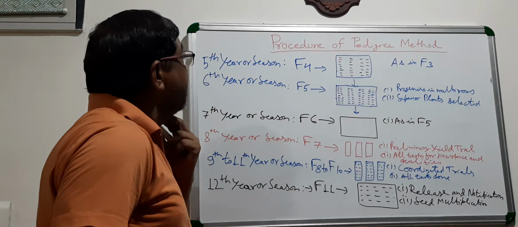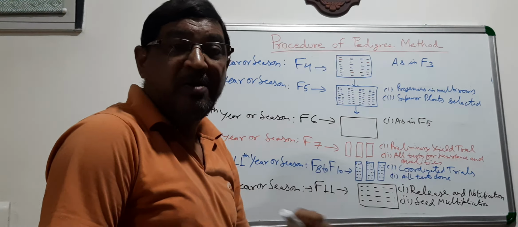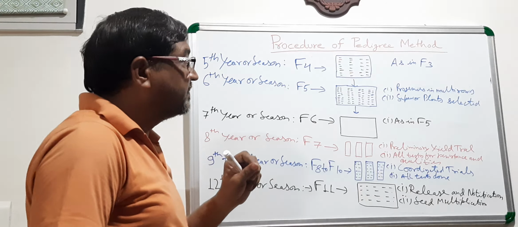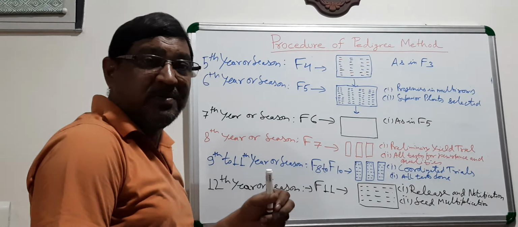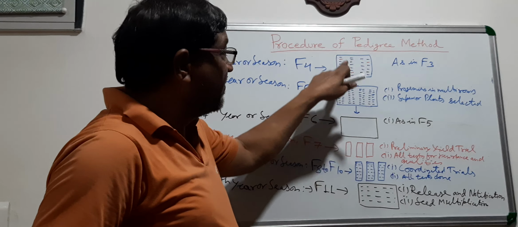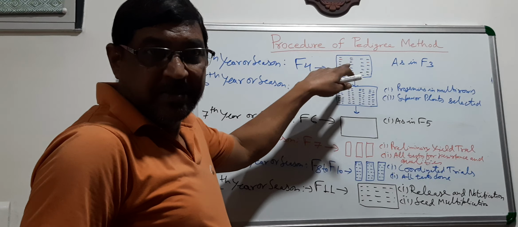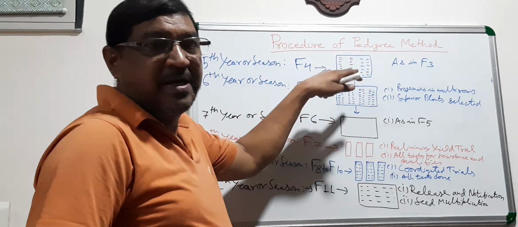F4 you are growing as in F3 you have grown, space planting, progeny rows. Different plants have been selected as per objective and other than objective.